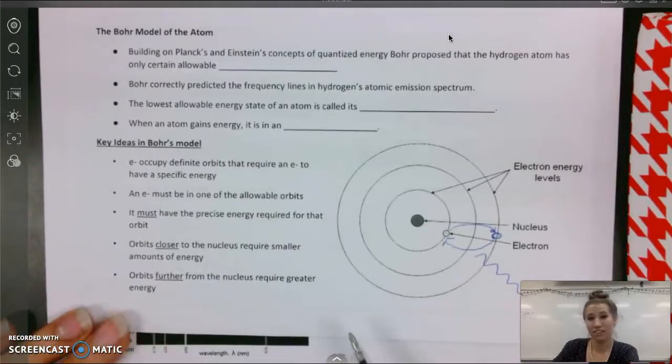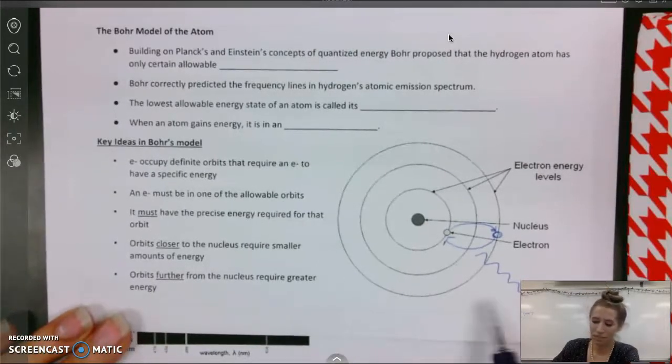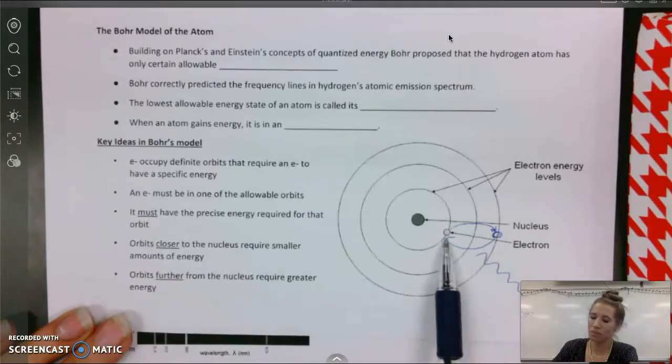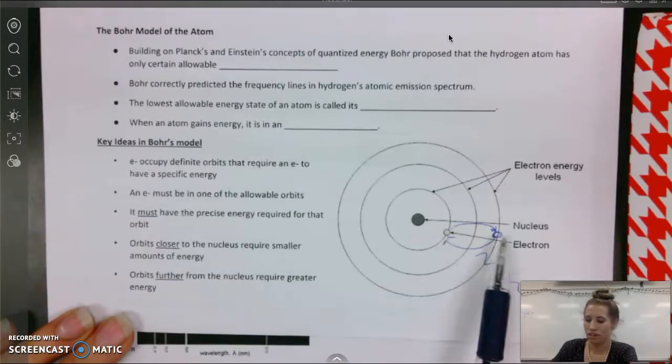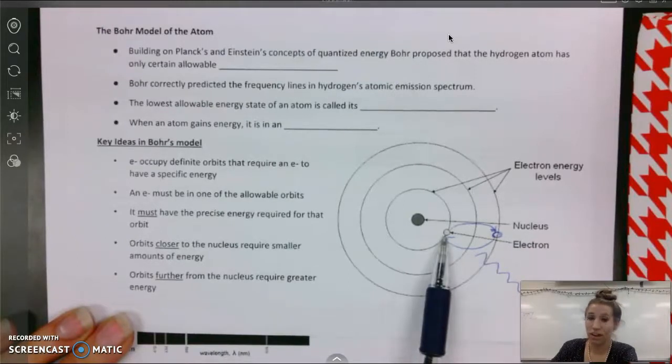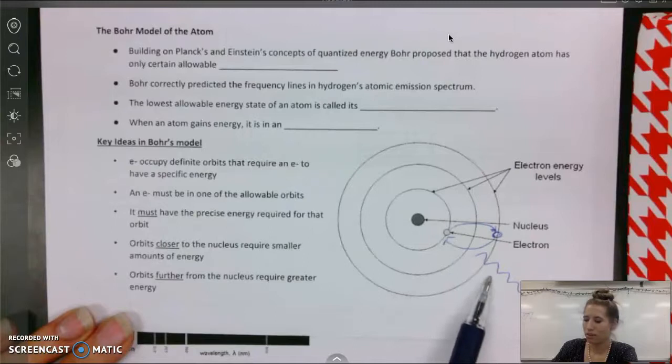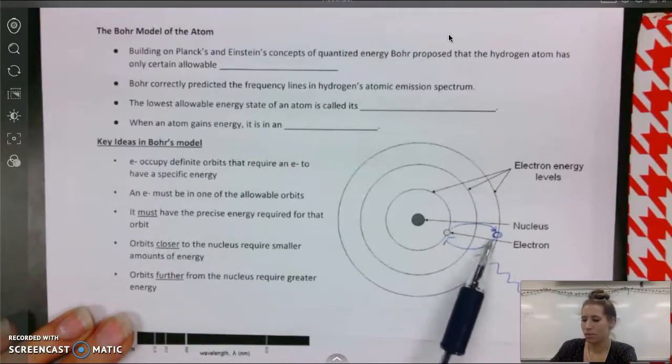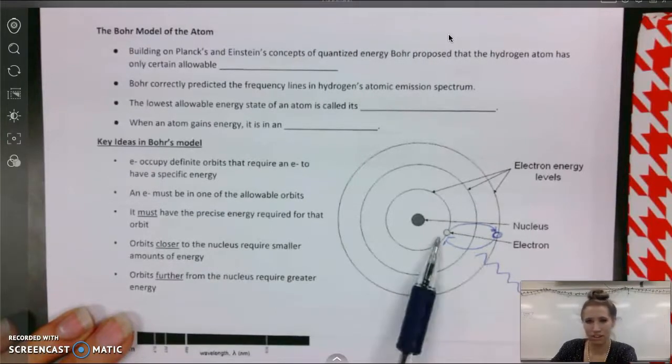And these photons must have very specific energies because these electrons are making very specific changes or jumps in energy. So we have to lose the precise amount of energy to go from this energy level to that one. And so we would get a photon that was emitted with that change in energy.